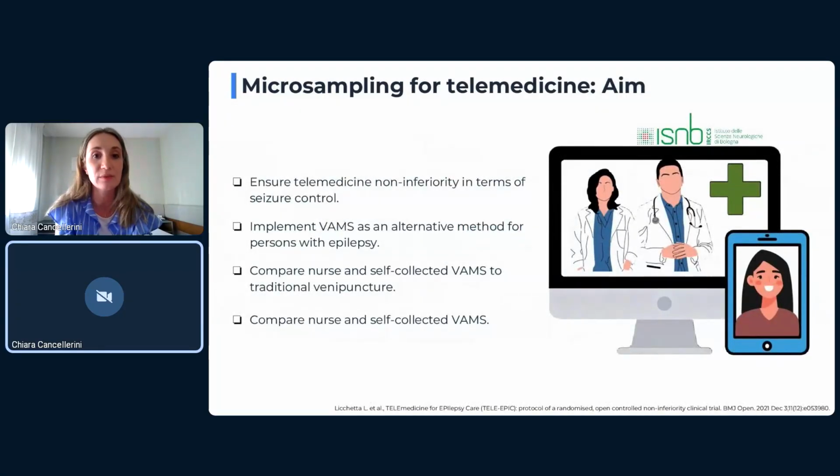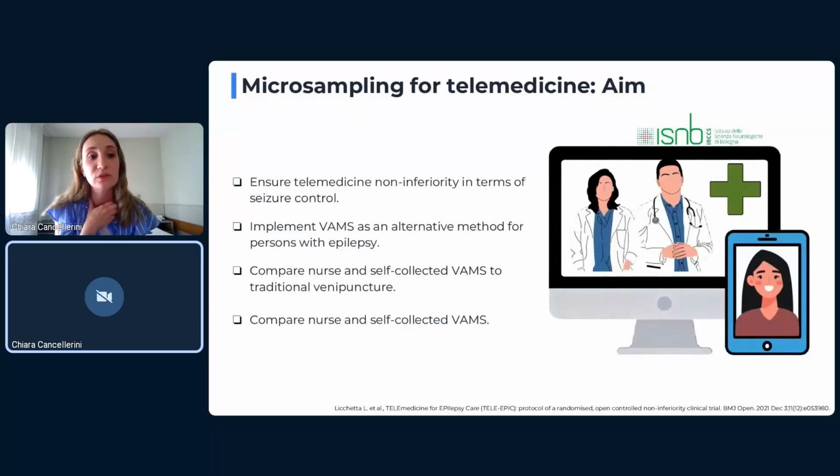the microsampling in telemedicine. The primary aim was to evaluate the integration of telemedicine into epilepsy care, specifically tracking the transition from traditional office-based visits to video consultation in terms of seizure control.